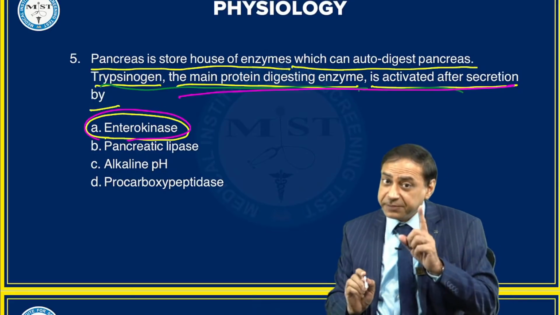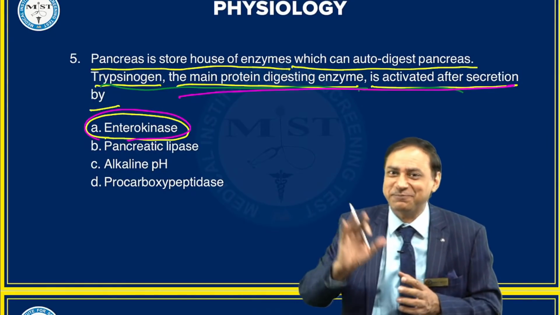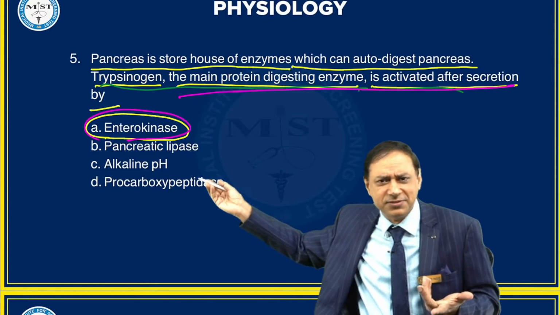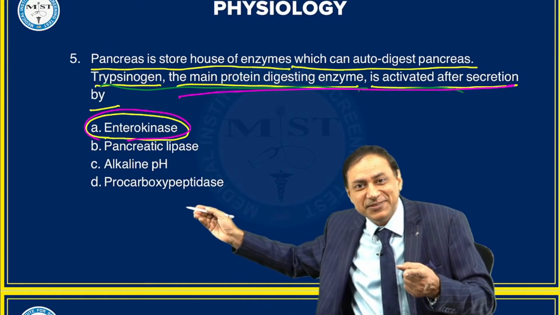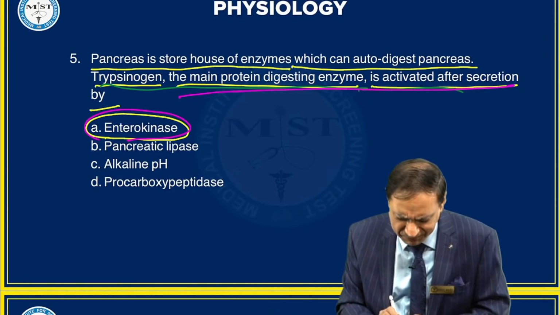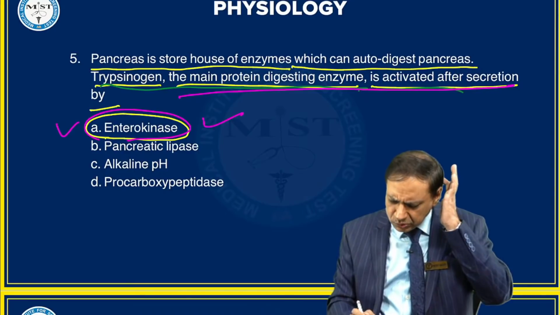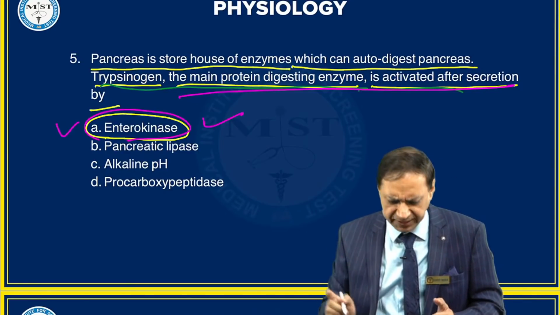Second choice can be trypsin also. If enterokinase is not there in the choice, then we can go for trypsin also. Trypsin itself can activate trypsinogen. So the answer here is very clear cut. It is enterokinase, the fixed enzyme in the GIT.